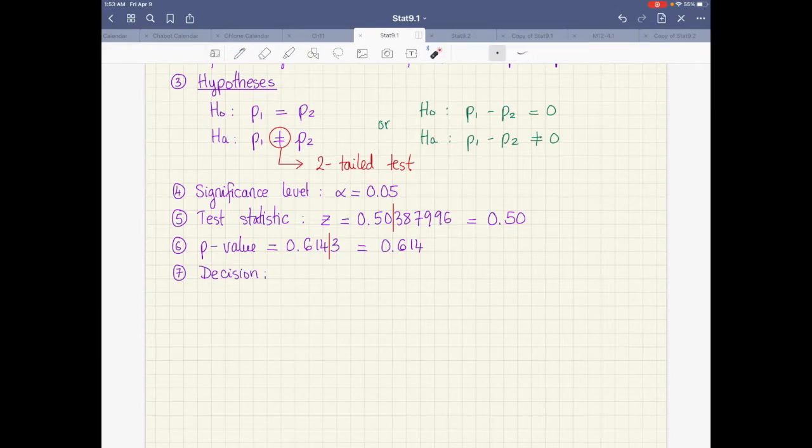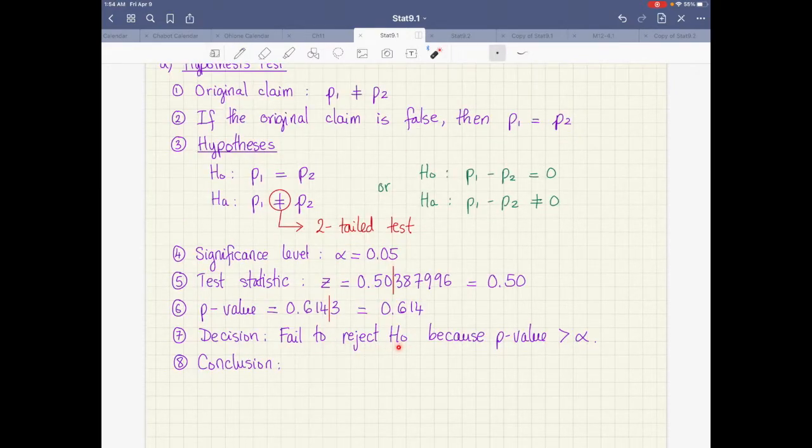To make my decision, I will compare my p-value with my alpha. Since p-value is greater than alpha, I will not reject my H0. I failed to reject my H0. My H0 says P1 equals P2, and I did not reject it.